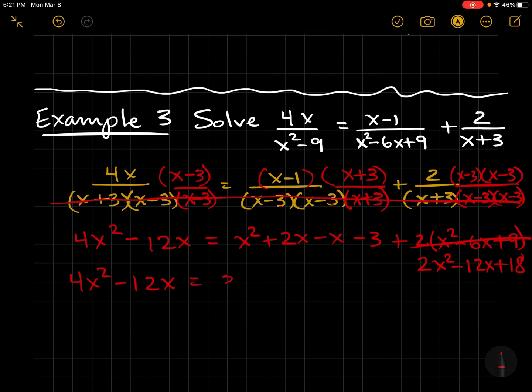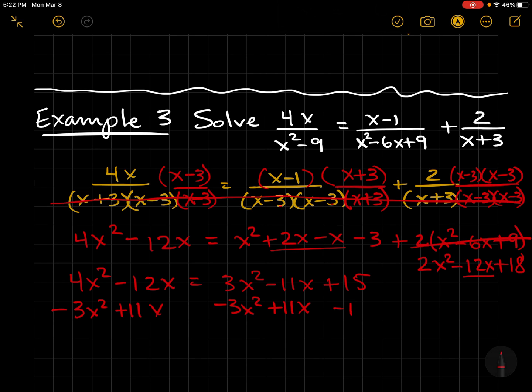Okay. So now I have 3x squared. And then for my x's, that's plus x minus 11x. Plus 15. Okay, now I'm going to put everything on one side. And it doesn't matter which way you go. I just kind of like my x squared coefficient to be positive.